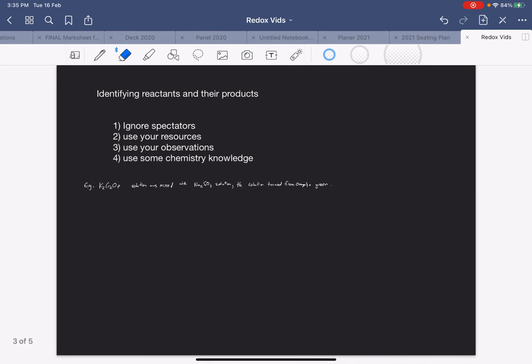Okay, so the first part of this, identify your reactant and your product. You first want to ignore any spectators if they're present. The second is you want to go and reference your resources. So if that's level 2, that's the ion chart you're given with the colors. If it's level 3, you're looking at E0 couples and making sure that you're using what's in the brackets and not stuff you've just made up.